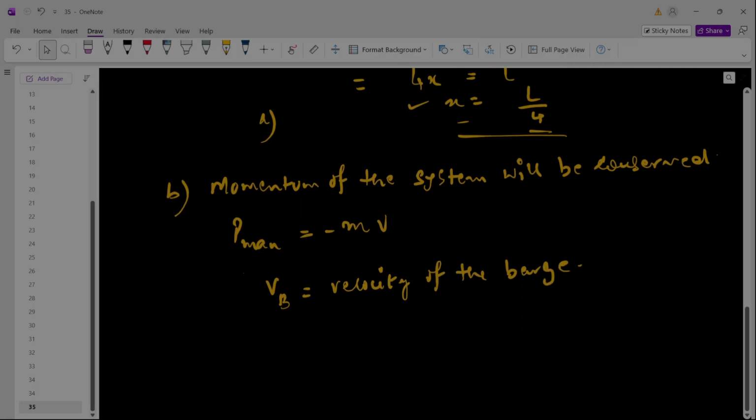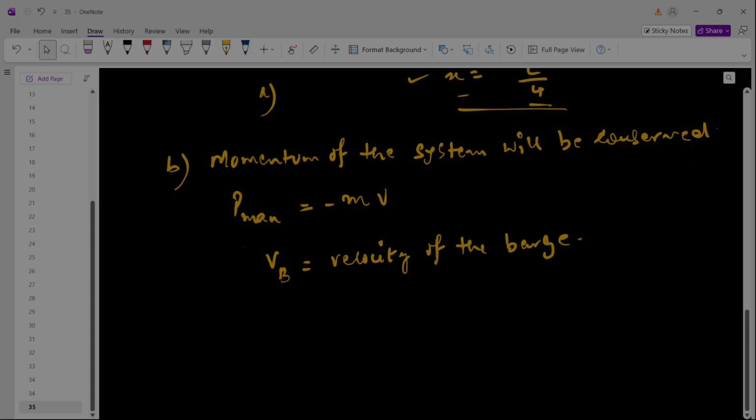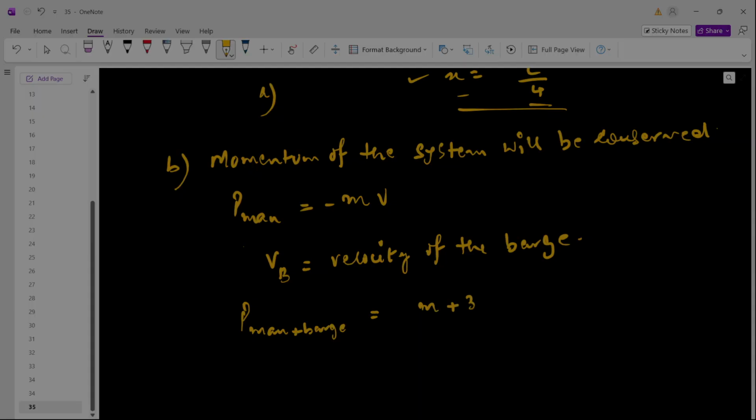Now, one thing that we need to keep in mind is, since the man is standing on the barge, right, the man is also moving at a velocity vb along with the barge, right? So the total momentum of the man plus barge system will be m plus 3m multiplied by vb, and this will be plus, right, because the man is moving with the barge, right?